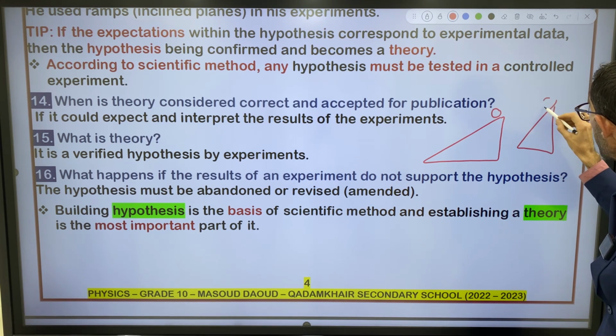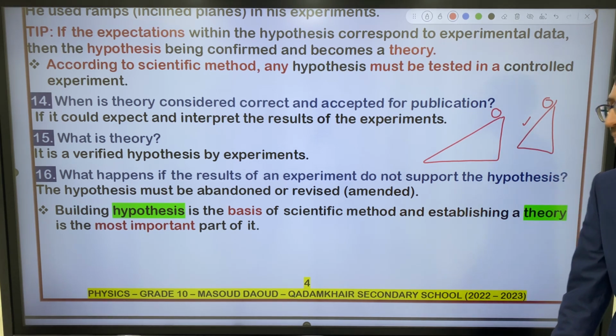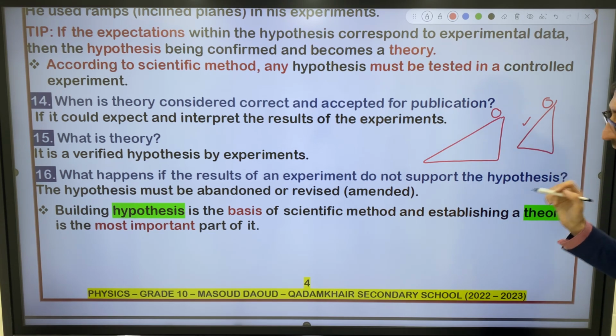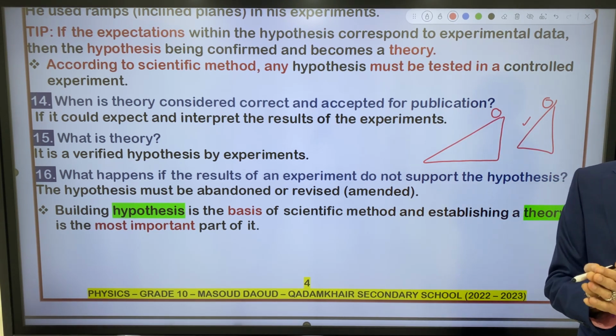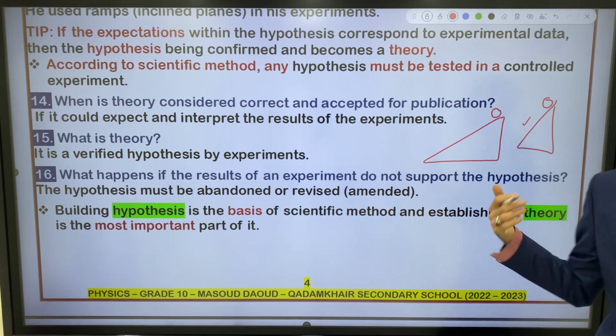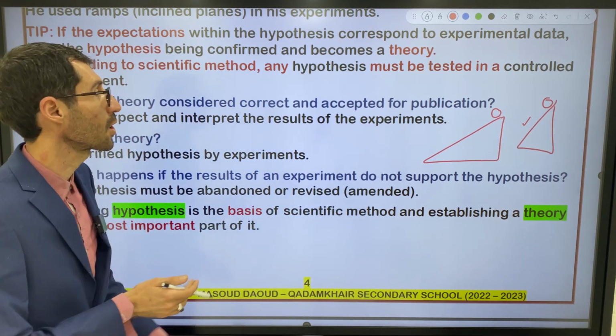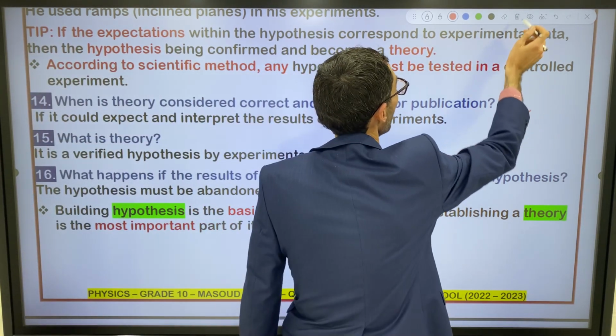Of course, this one is more convenient. The steeper the ramp is, the closer the model is to reality. This is about the inclined plane. And by using inclined planes or ramps, Galilei could overcome his problem.